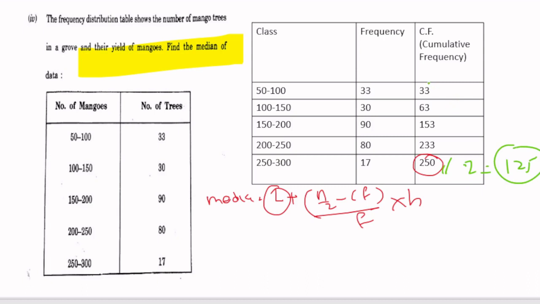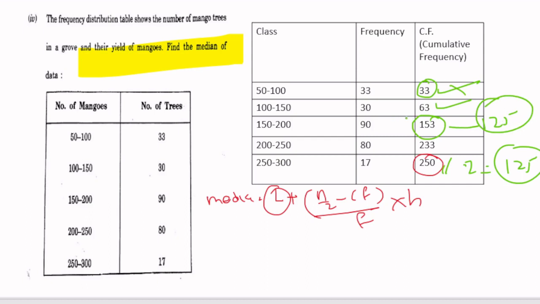Definitely you have to check in the cumulative frequency. 125 definitely will not be part of 33. Again, it will not be part of 63 for sure. But yes, 153 is there. We can see that 125 can be found for sure.